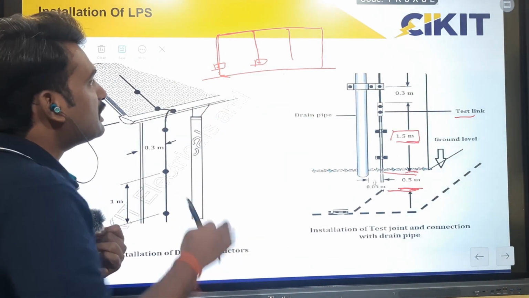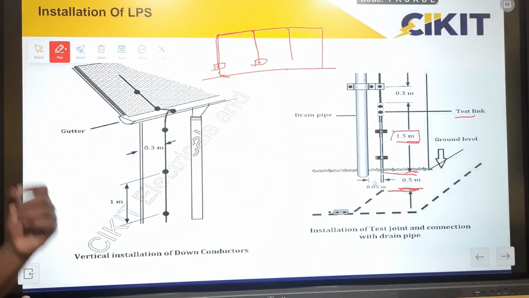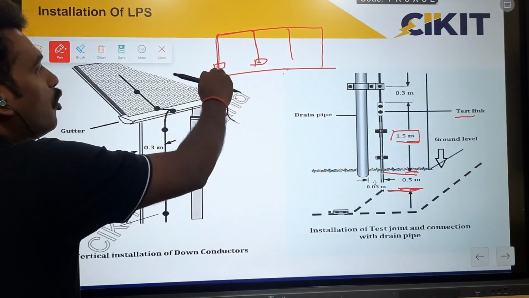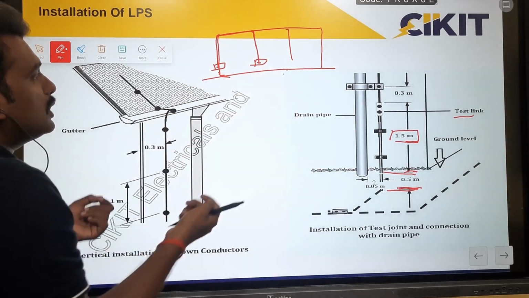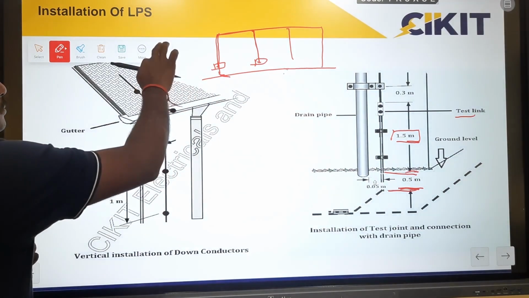While inspecting the earthing, I will disconnect the connection from the down conductor and check the condition of the earth electrodes. And for checking the continuity between the test links, I can disconnect the connection through the earth electrodes and check the continuity between the two test links.